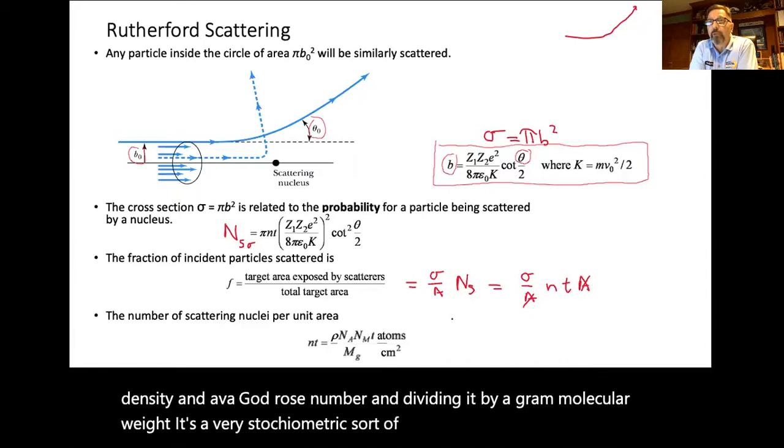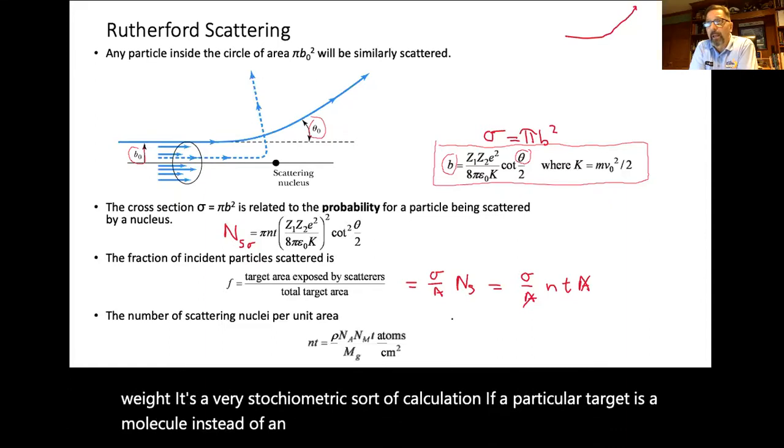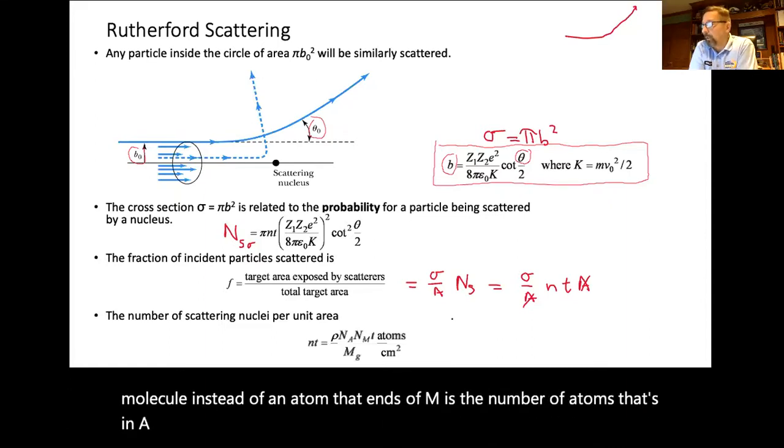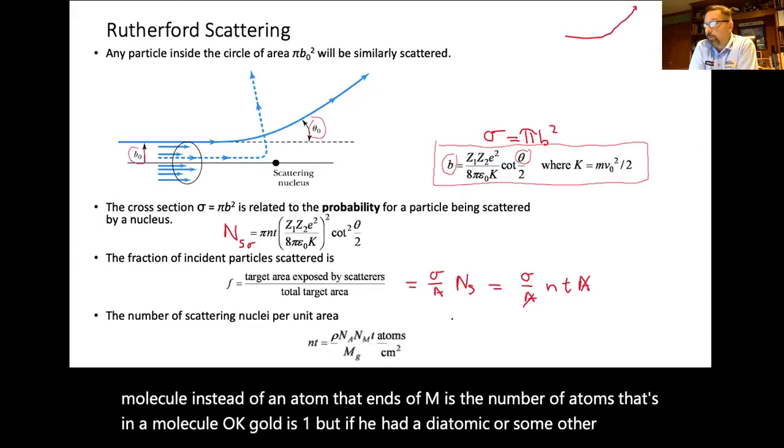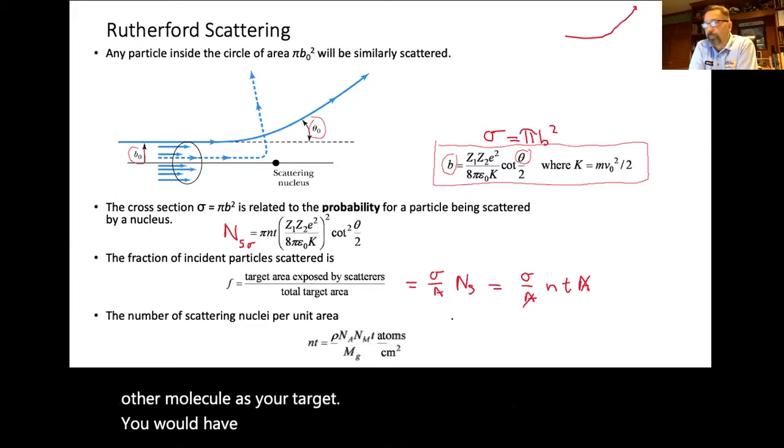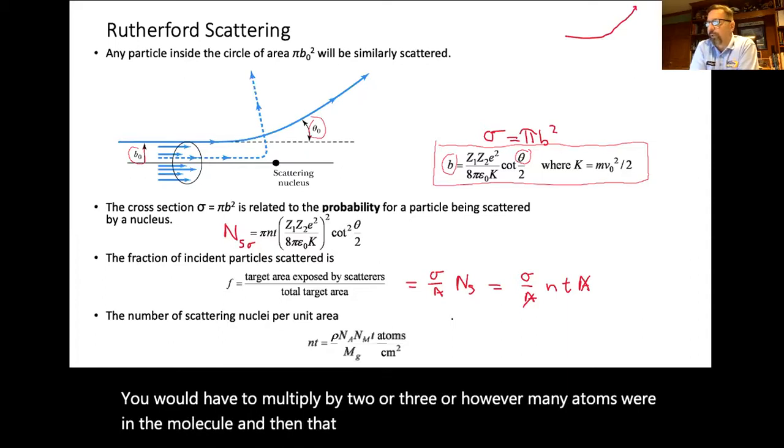If a particular target is a molecule instead of an atom, that n sub m is the number of atoms in a molecule. So gold is 1, but if you had a diatomic or some other molecule as your target, you would have to multiply by 2 or 3 or however many atoms were in the molecule. And then that t is, of course, just the thickness of the foil. And that's what those are.